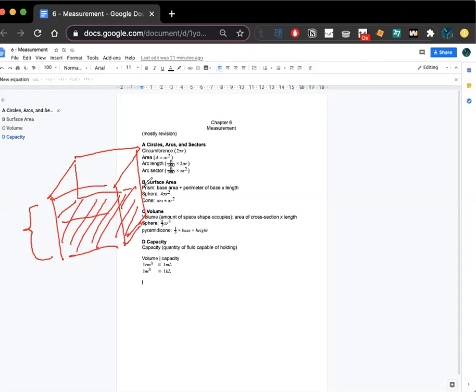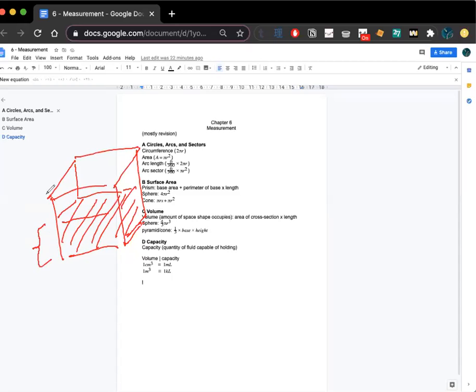So in problem-solving questions, the volume kind of depends on whether you have a certain fluid or something.